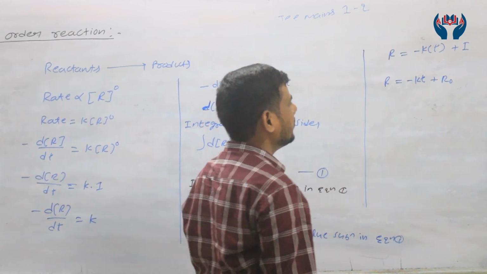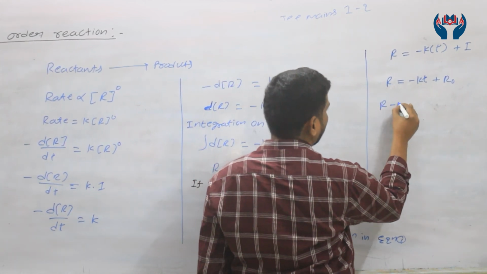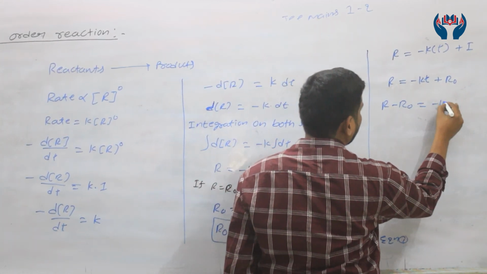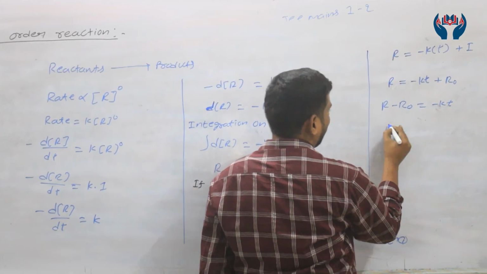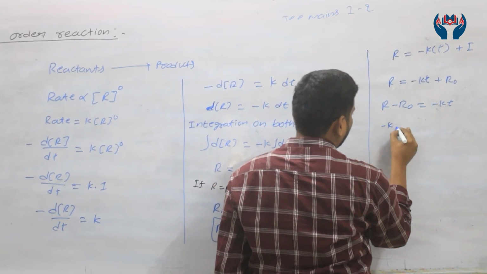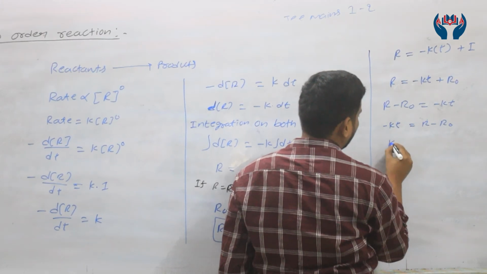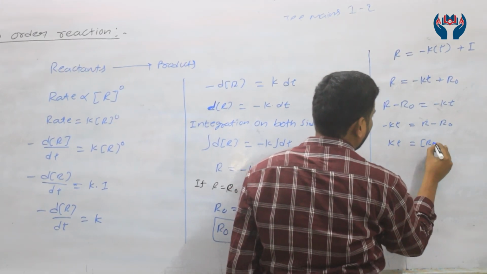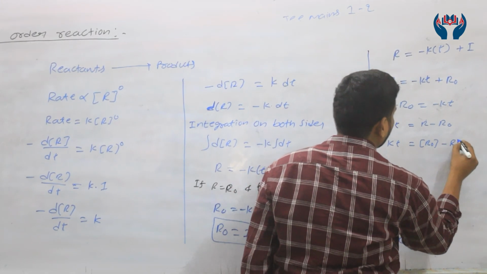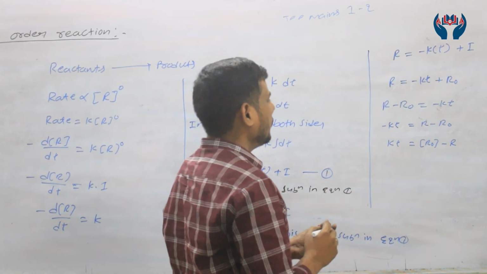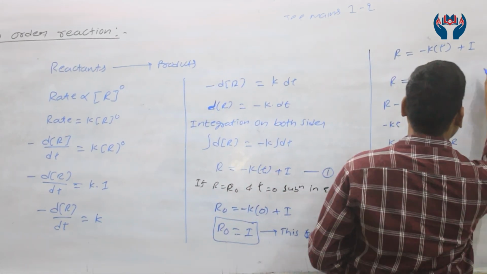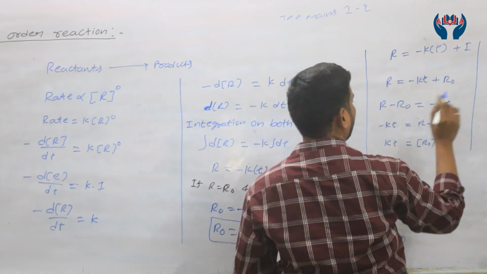We want the rate constant. Therefore, R minus R0 equal to minus K t, so K t equal to R0 minus R. We want only the positive term.